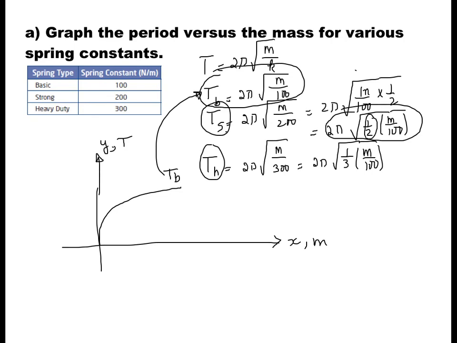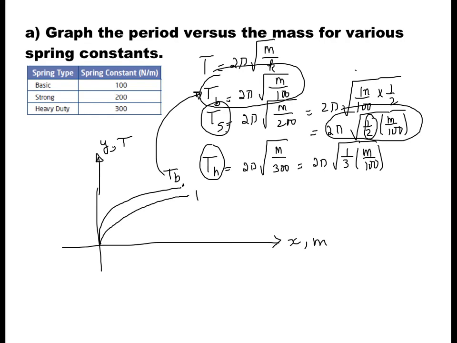Since the coefficient is half here, then we say that the graph of T sub B, which is the basic, is going to be stretched by a factor of 2. If you stretch this graph by a factor of 2, we get something like this one along the x-axis.